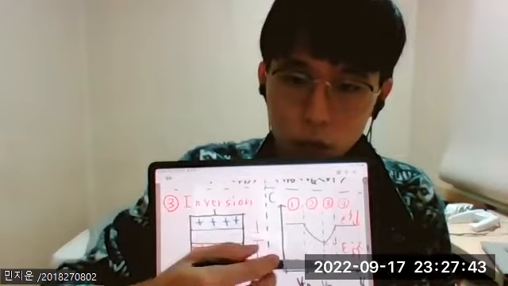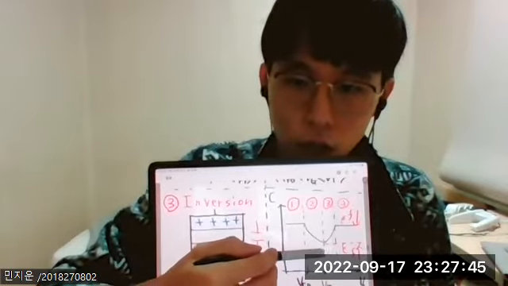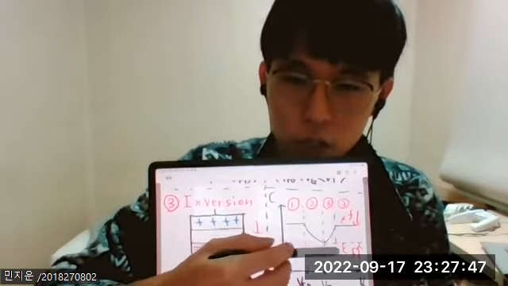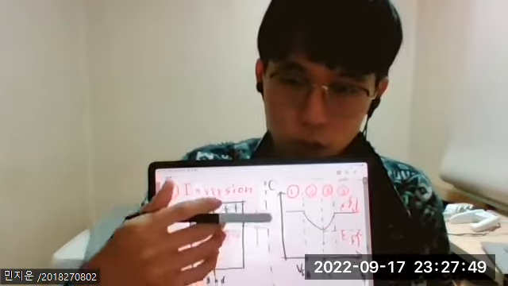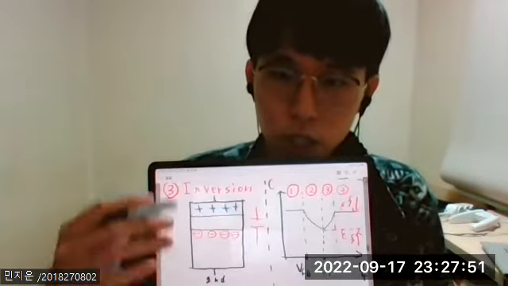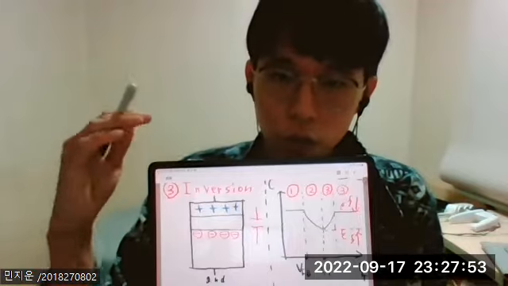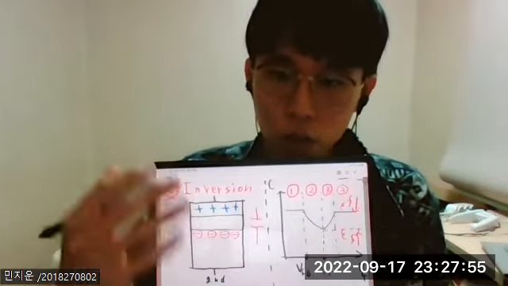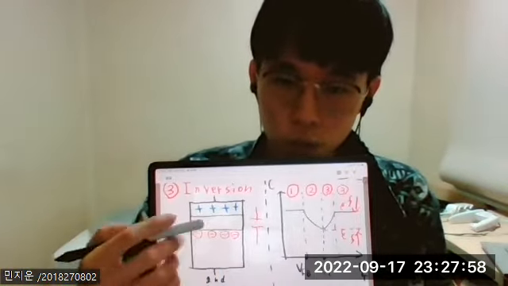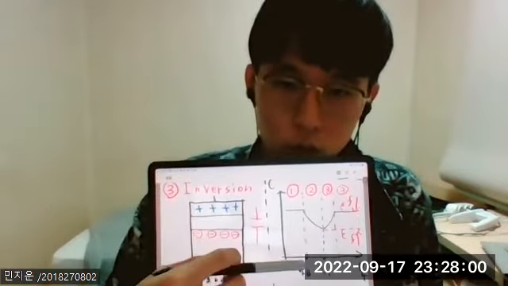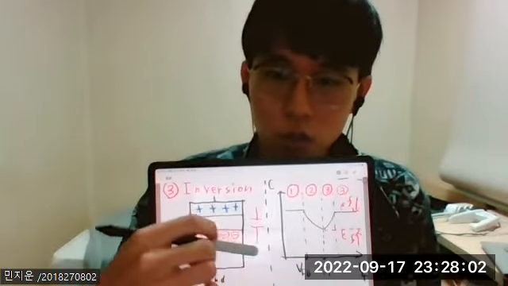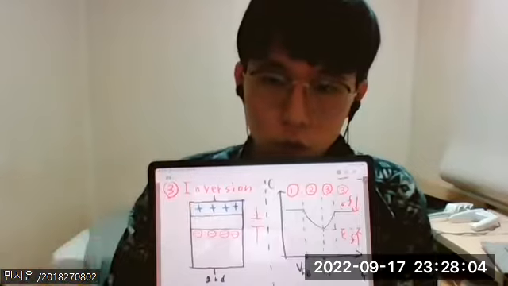And at high frequency, this frequency interrupts the electron, so the n-type channel doesn't occur.